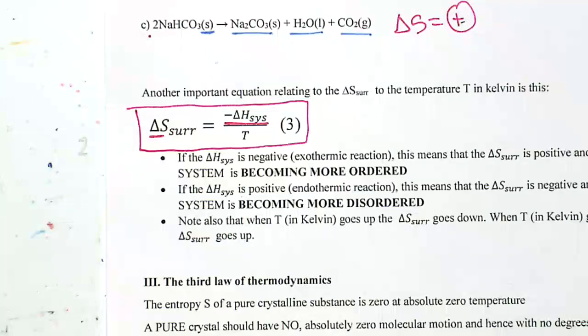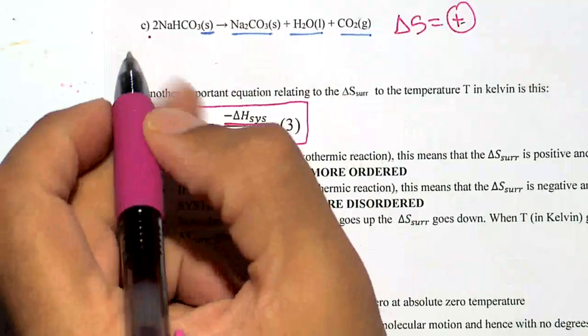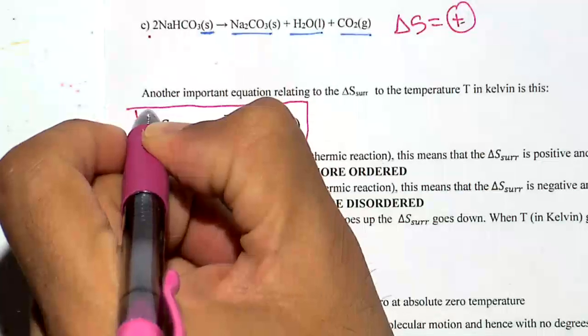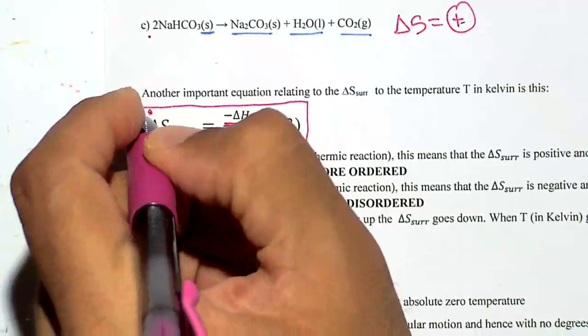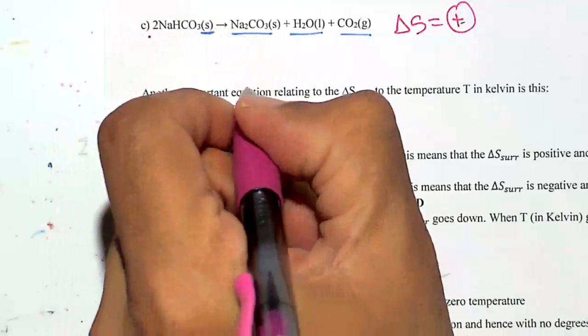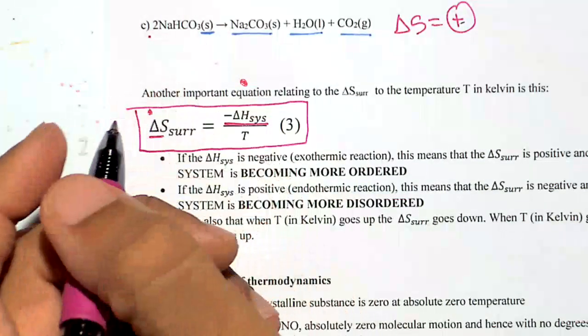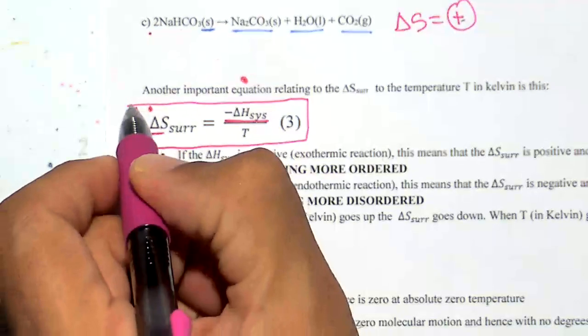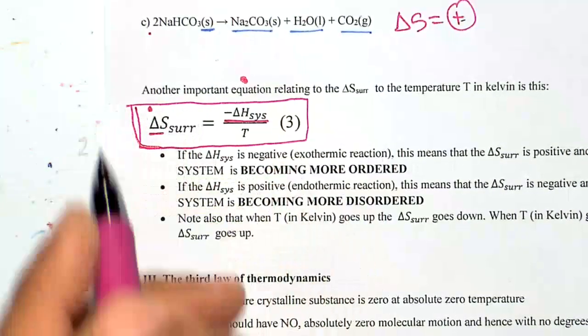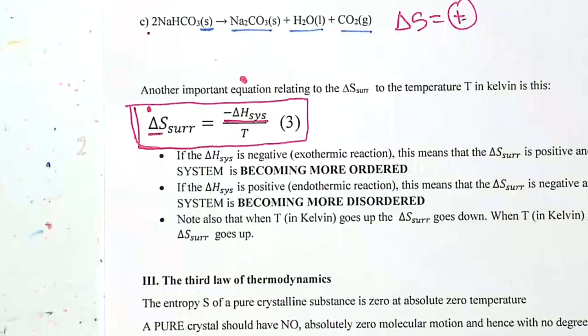The surroundings is everything outside of it, the cup, the calorimeter, the room, essentially the universe. So we're comparing the entropy, the disorder of the universe, delta S, versus the enthalpy of the system, your actual reaction that's going to take place. So this is the relationship between those two.